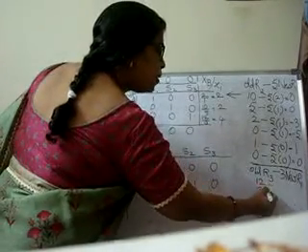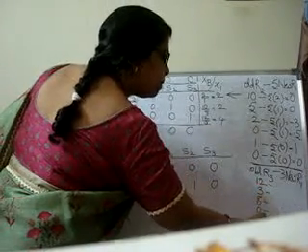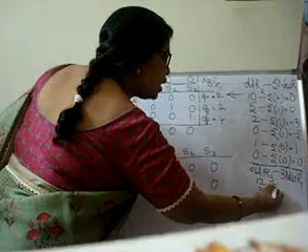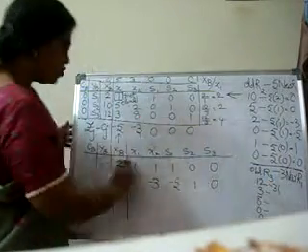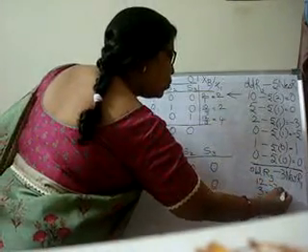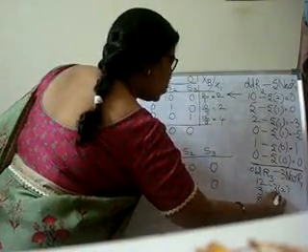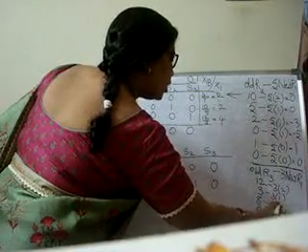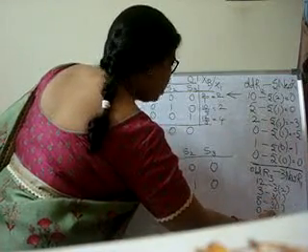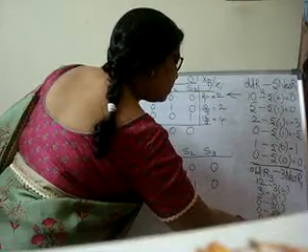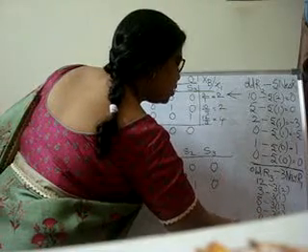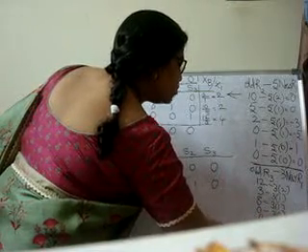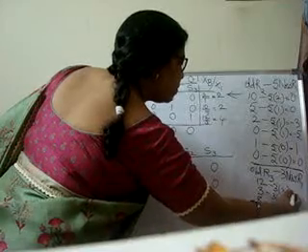Now minus 3 into new R1. What are the elements of R1? 2, 3 into 1, 3 into 1, 3 into 1, 3 into 0, 3 into 0. Now what are they?